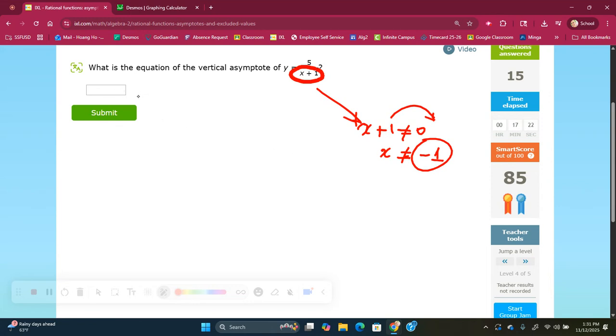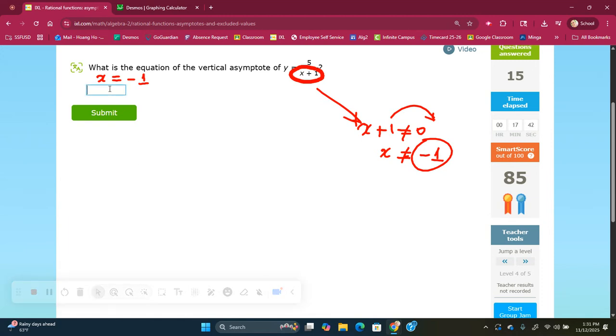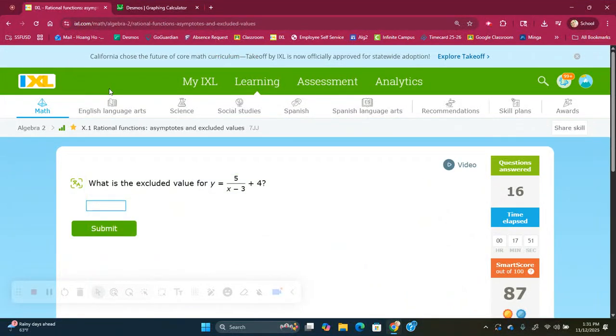So the vertical asymptote should be the vertical line x equals negative 1, because your graph approaches this line but doesn't have the value x equals negative 1. So I go to the box and I put x equals negative 1 is a vertical asymptote. Voila.